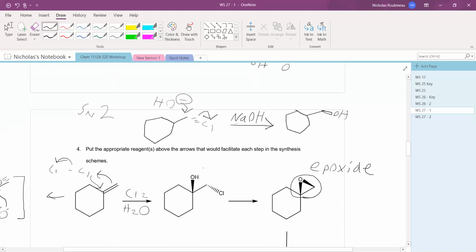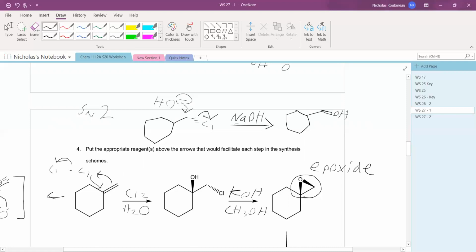So how can we give the alcohol a negative charge? Alcohols are acids and bases. If we use a base, that will work. So that's what I was trying to hint towards. And KOH is usually used for this, and methanol is used as a solvent.